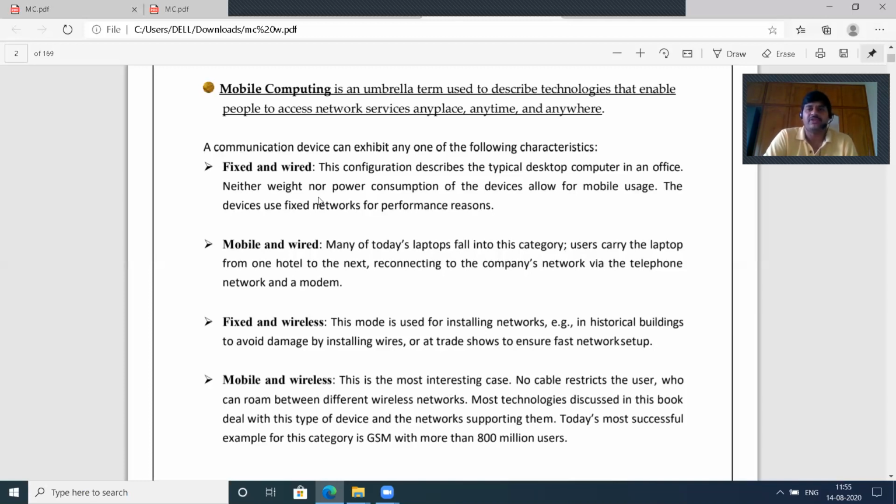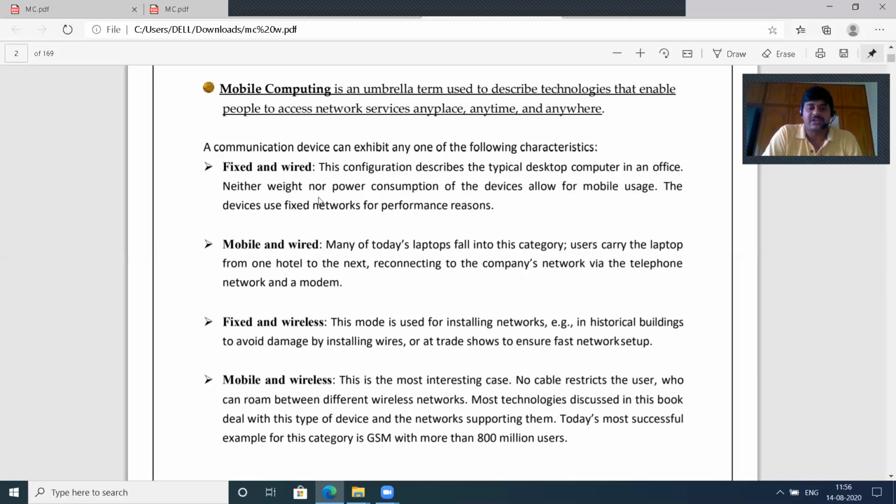In those cases, cabling may be very difficult. So what we will do is fix one wireless modem over there, and by that we can access internet services. The thing we need to remember about fixed and wireless is that this case can happen in historical buildings, to avoid the damage caused by installing wires and so on.